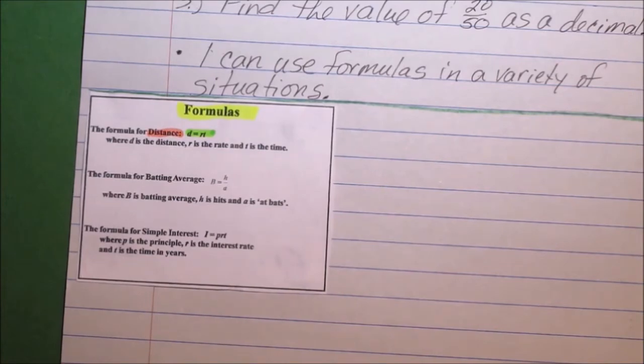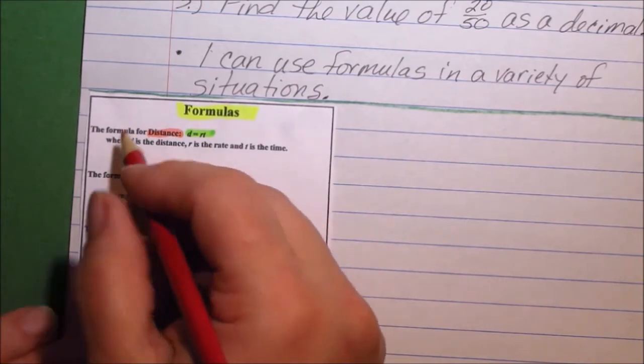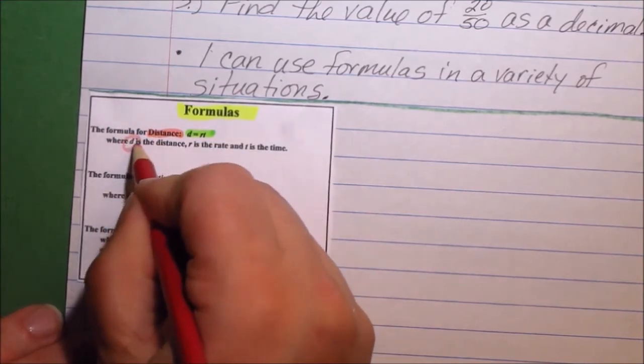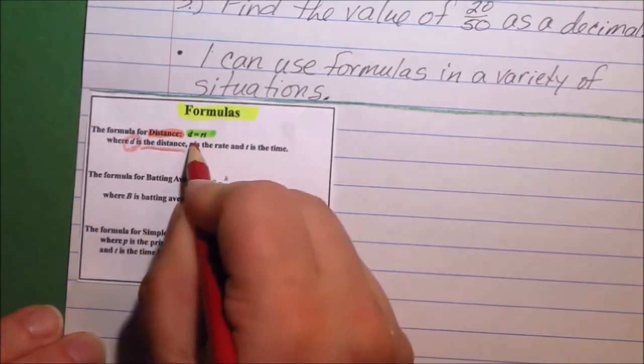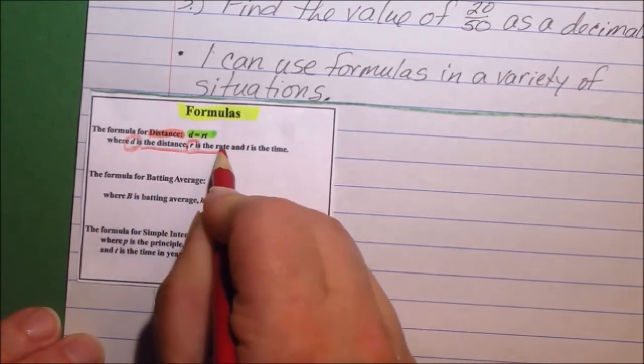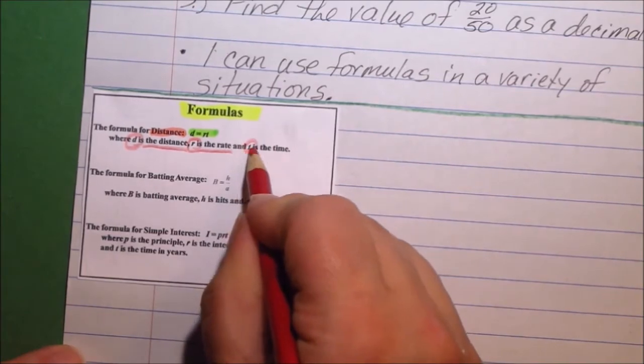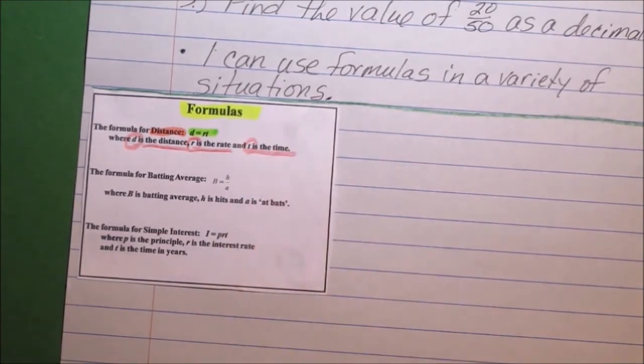All right. So let's take a red pencil, and I'm just gonna circle the D and underline distance. Circle the R and underline rate. Circle the T and underline time.